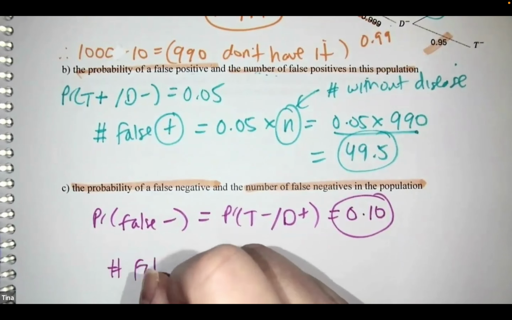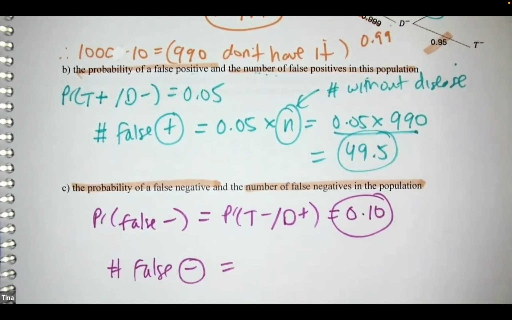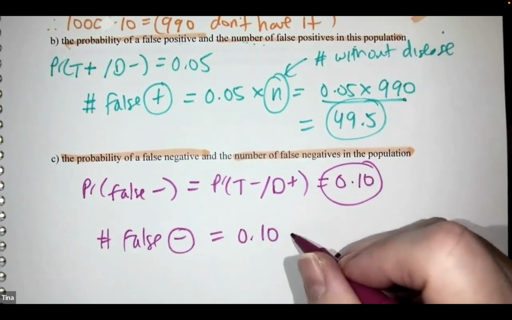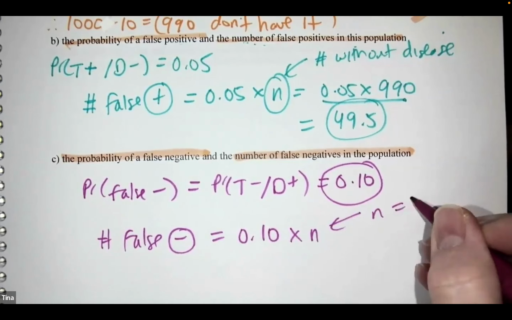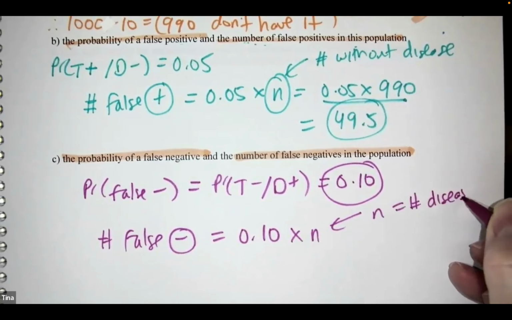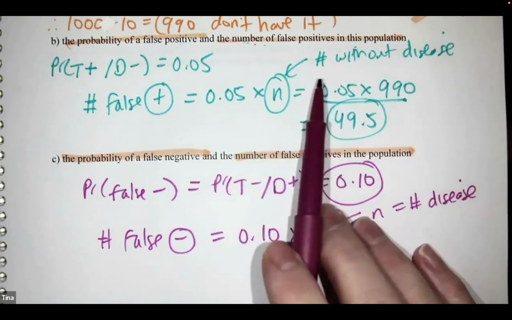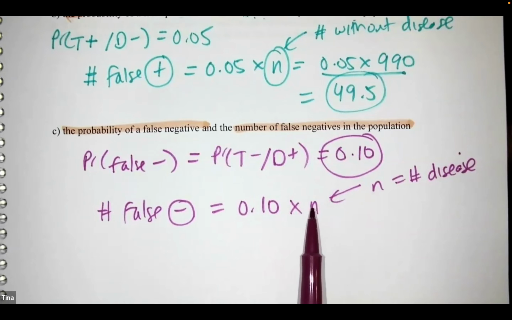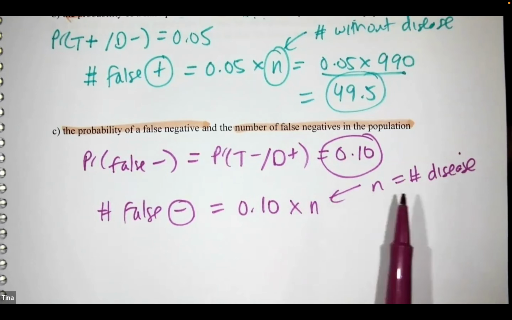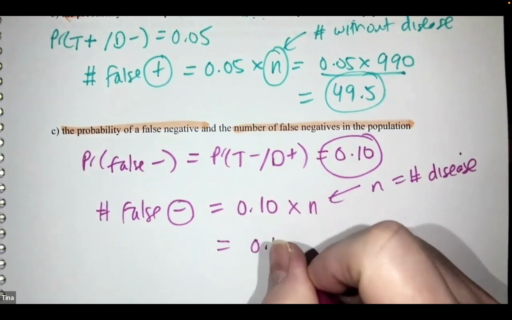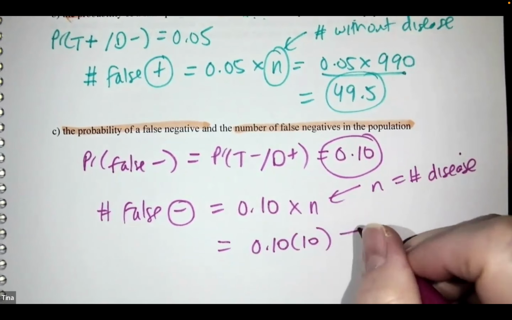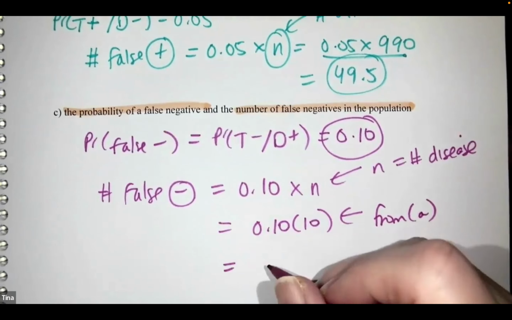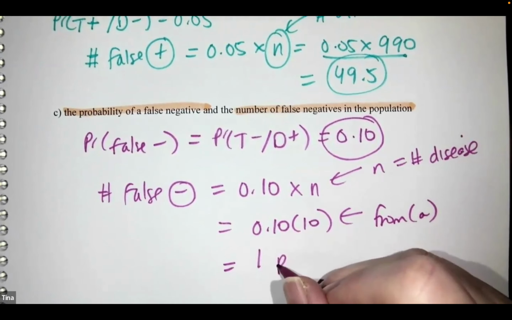So what would be the number of false negatives? Well, the number of false negatives is 0.1, our decimal, times N. N here is the number with the disease, right? Up here, it was the number without, but down here, for the number of false negatives, we have to do times the number with the disease. And that was what, 10 people from A. So 0.1 times 10 would be 1 person.